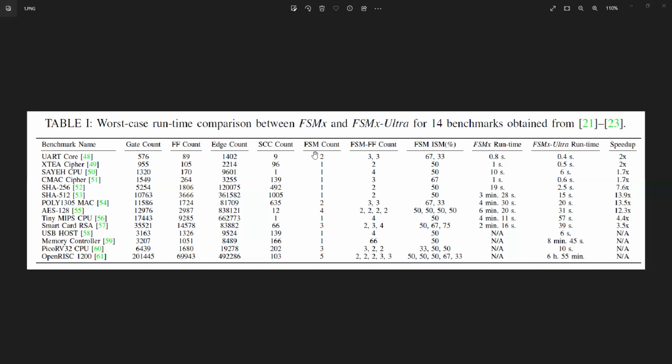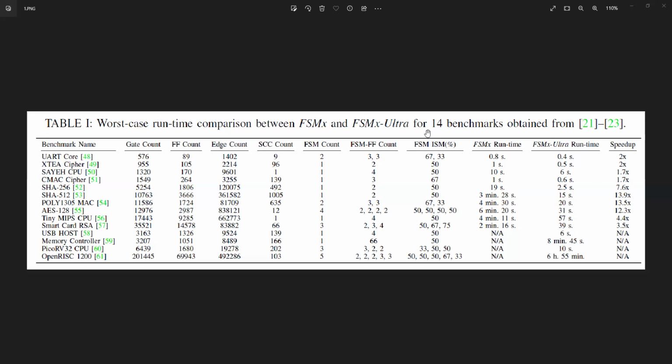Then we found the subgraphs, and analyzing just those subgraphs significantly improved our runtime. That you can also see here in the presented table. And another reason is the issue that I have already mentioned, the ATPG-based technique versus exhaustive simulation.